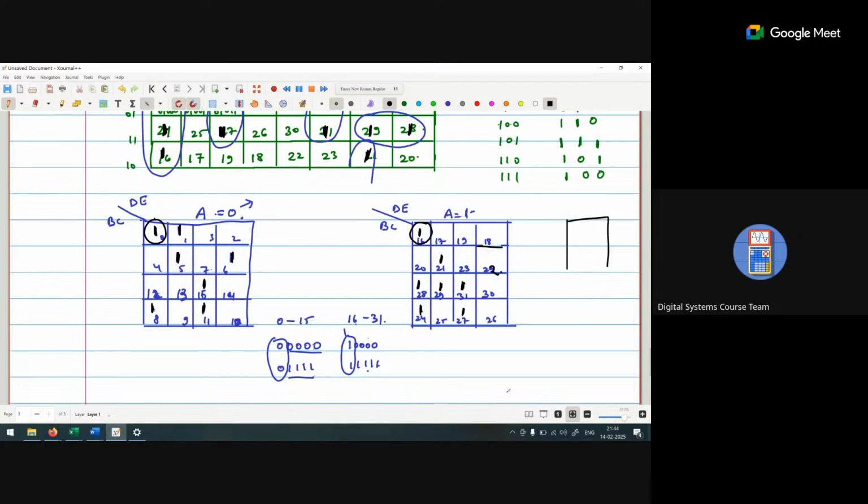One 4 cross 4 matrix is this one, and in the downward direction there is another 4 cross 4 matrix. So this is the front surface, this is the back surface. Initially we see the group in this direction, in this direction. Now along with that we see the group in the downward direction also. Clear?